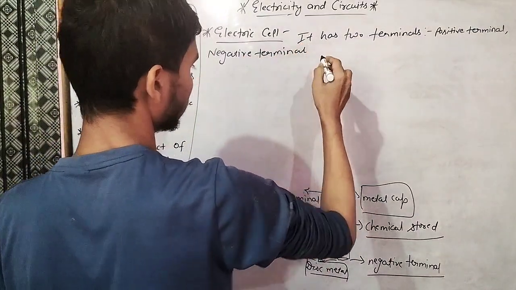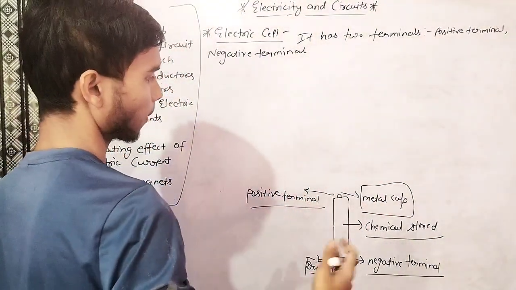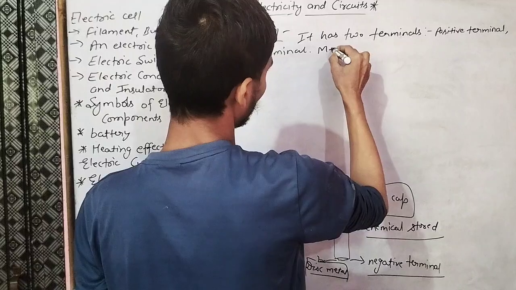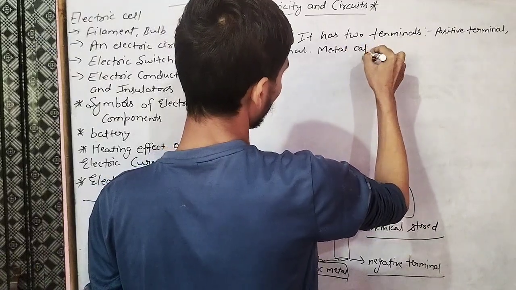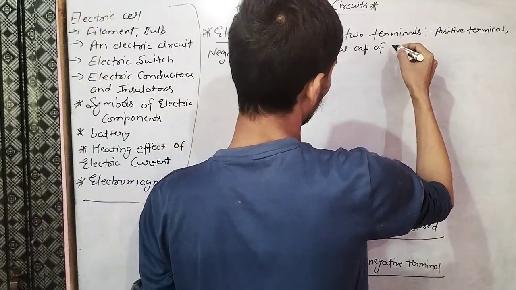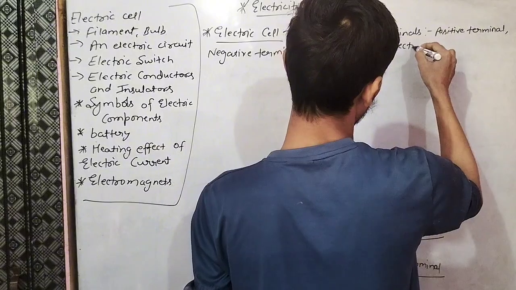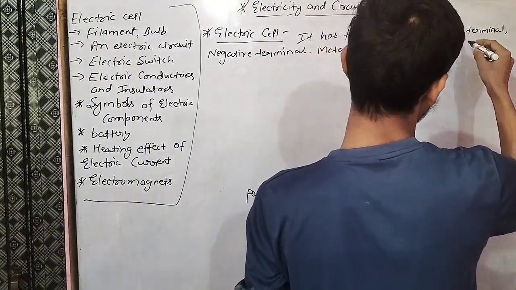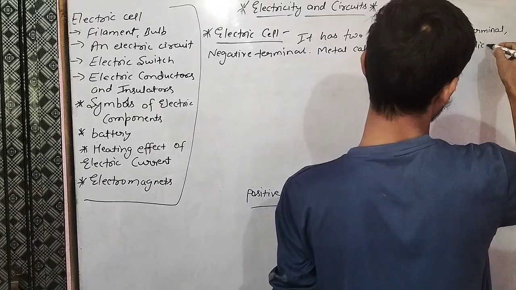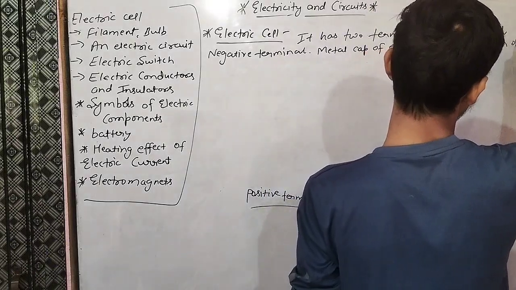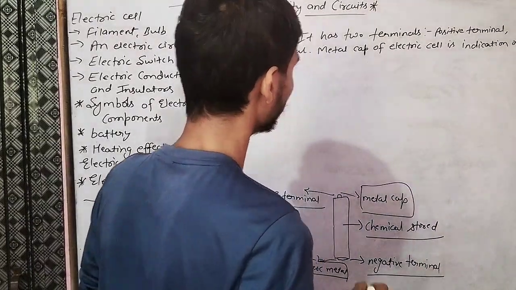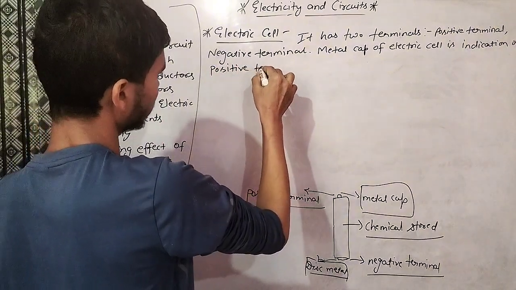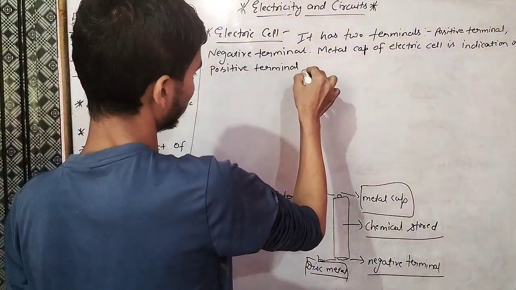The metal cap of the electric cell is the indication of the positive terminal.